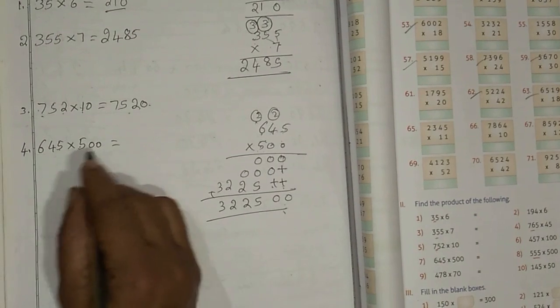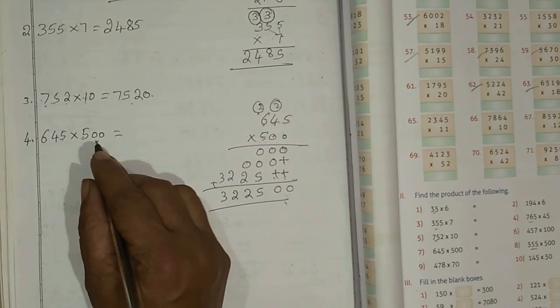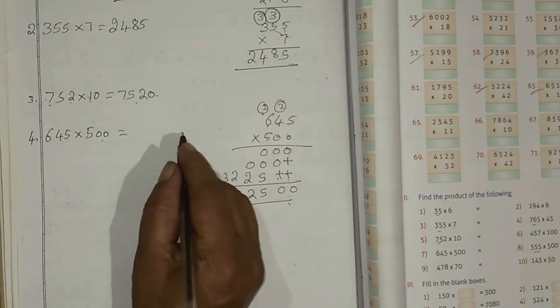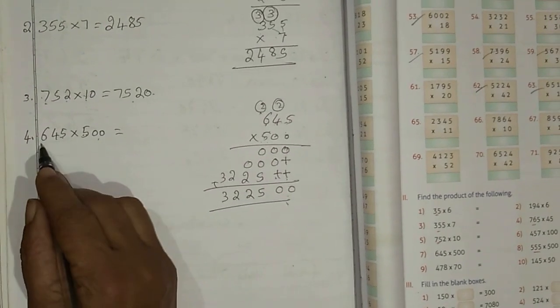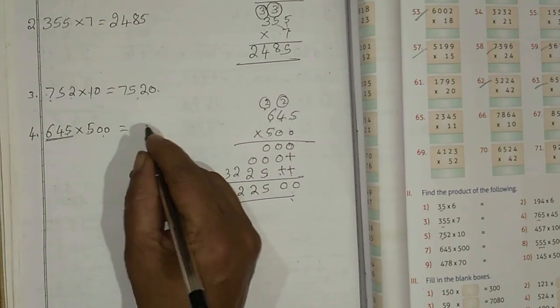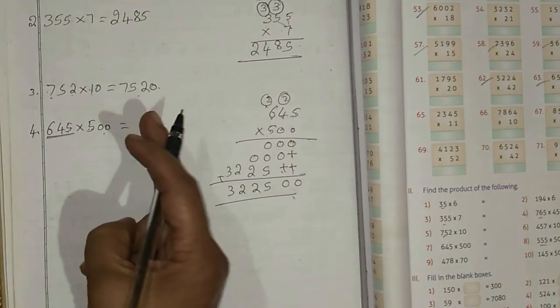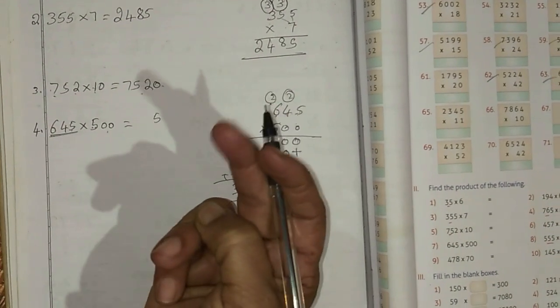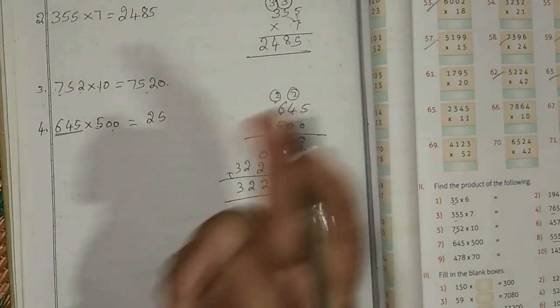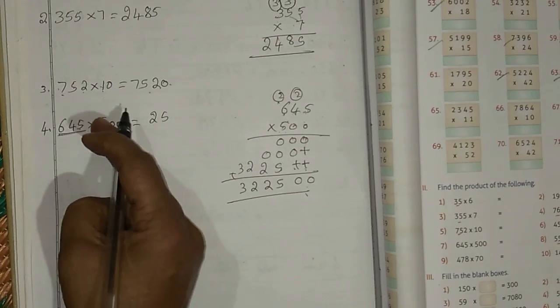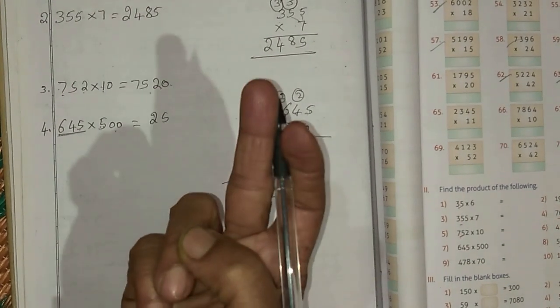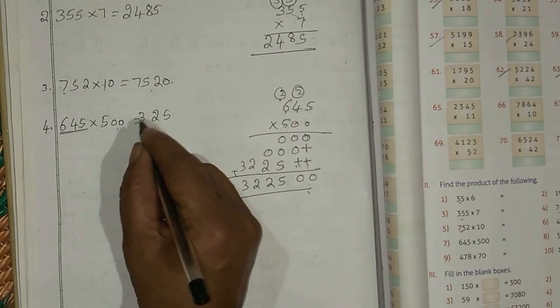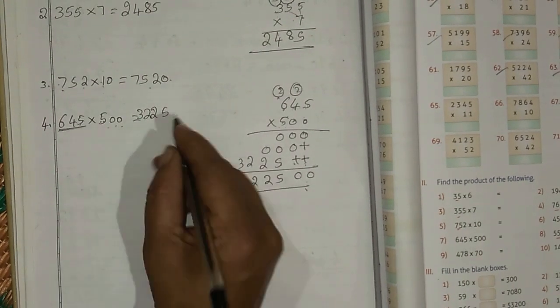So, one easy method is there. How many zeros is there here children? 2 zeros. Afterwards, you can put 2 0. Now, multiply from 5 this 3 digits. See, 5 5s are 25, 2 carry, 5 4s are 20, 22, 2 carry, 5 6s are 30, 2 carry is 32. Okay. How many zeros is there? 2 zeros. Then you put.